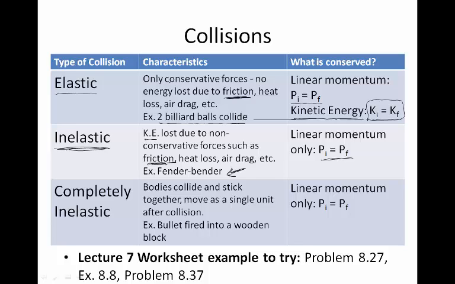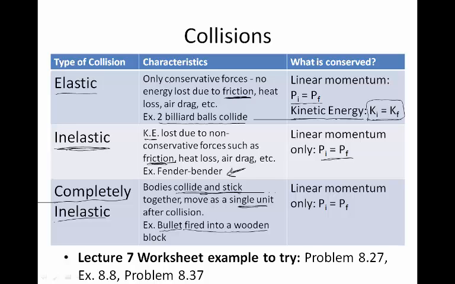And then the last case is a completely inelastic collision. This is when you have a collision where the objects collide and stick together. And then they're going to move together as a single unit after the collision. So our ballistic pendulum, where your bullet is fired into a wooden block, and then the wooden block with the bullet inside of it moves upward, that's an example of a completely inelastic collision.